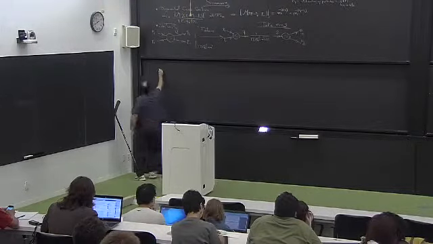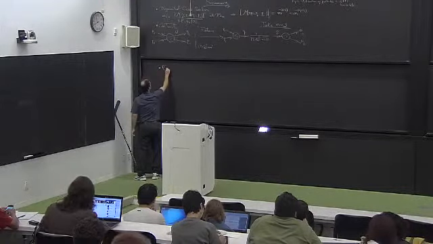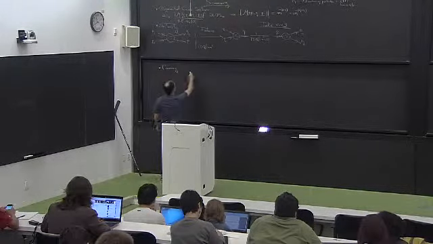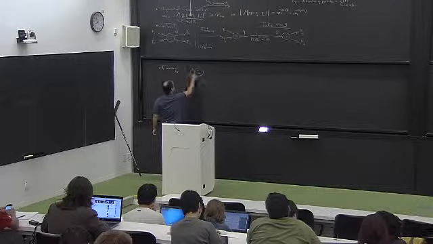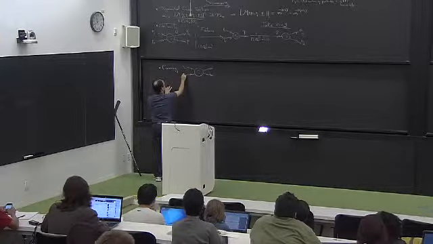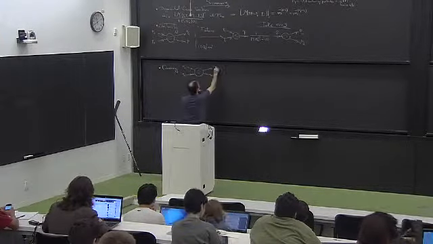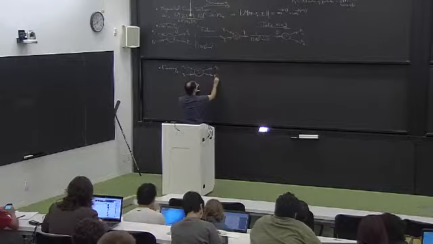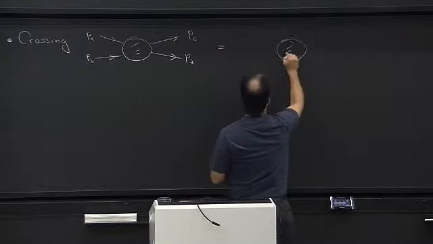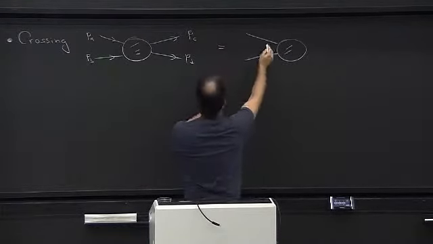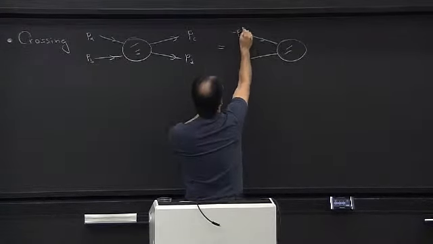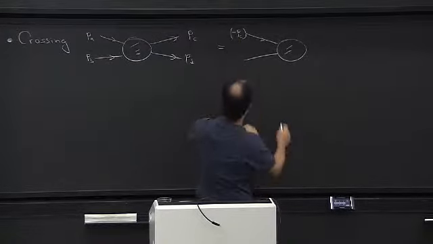The next thing we discussed was crossing. In discussing crossing, we realized from experiments that if we compute this rational function that describes this process, then the same rational function would be obtained if we were computing the process where particle C was incoming, and we replace its momentum by minus.